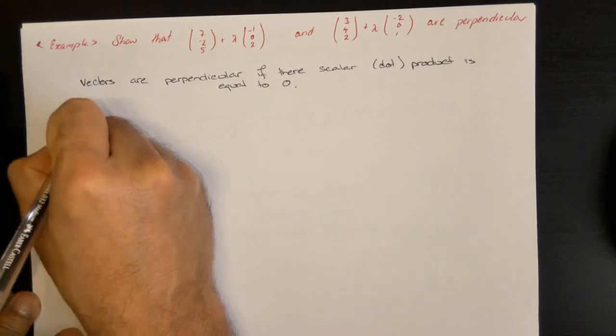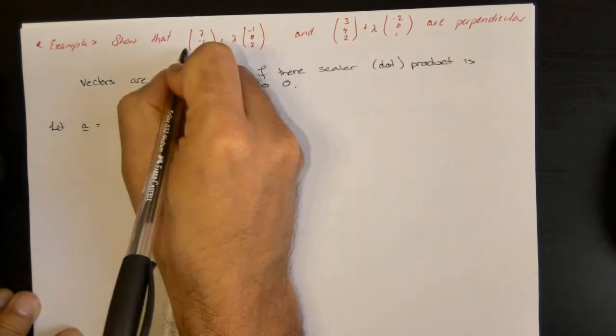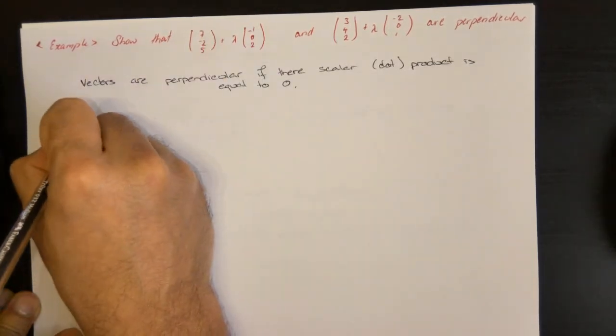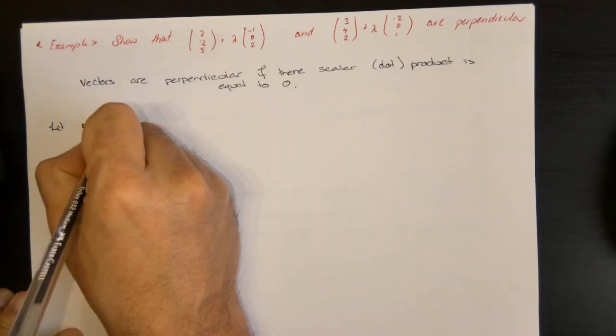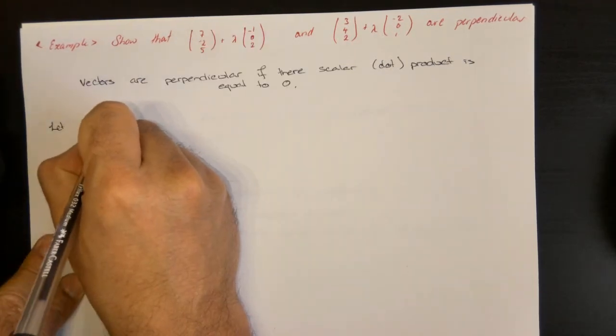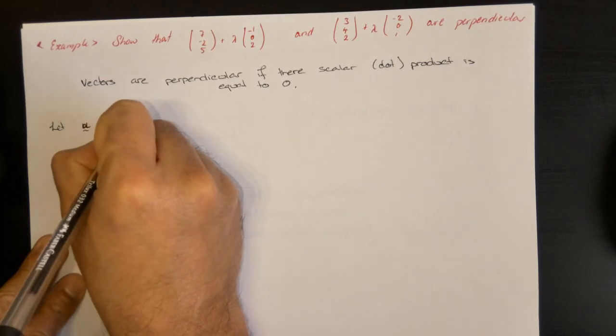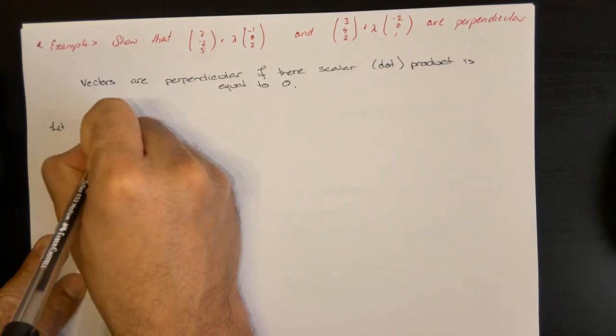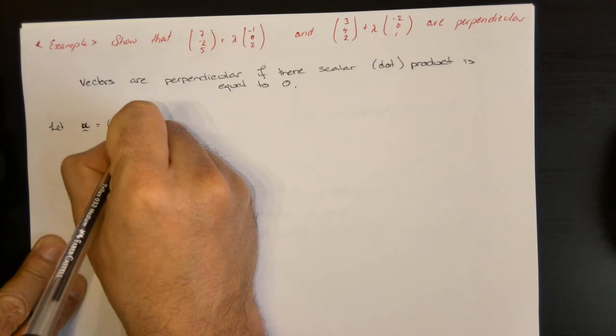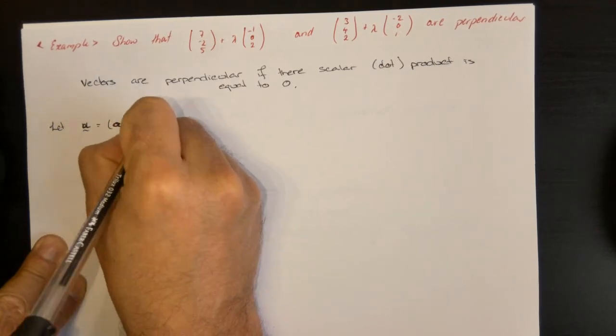So if we're going to let the first vector, we can call that vector u actually. It's going to be x1, or that we call it a1 plus lambda b1.